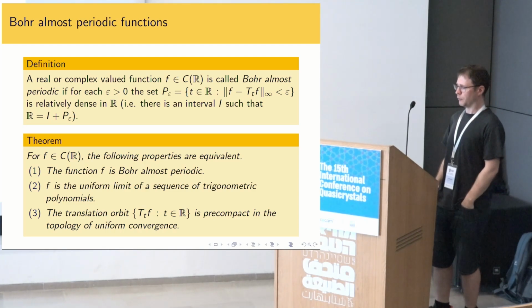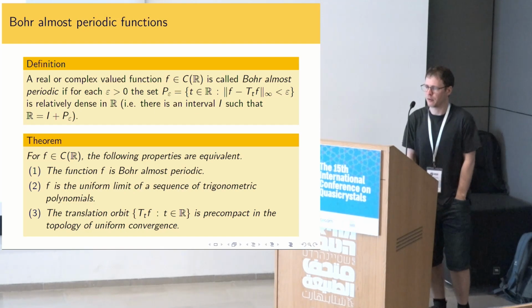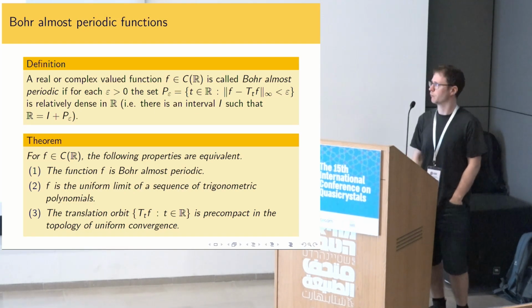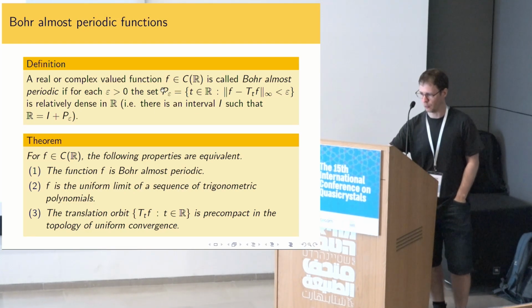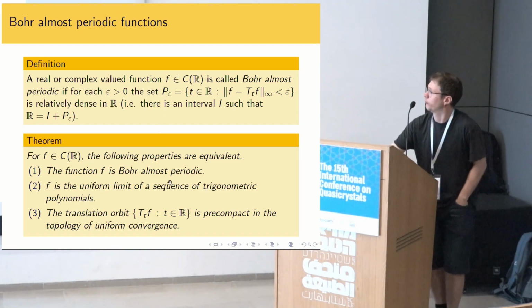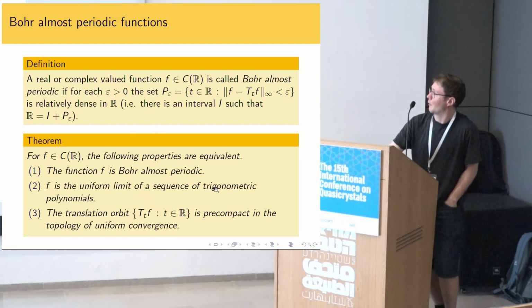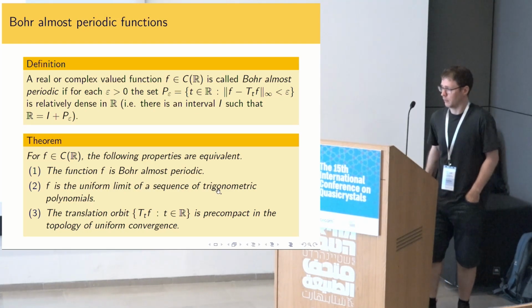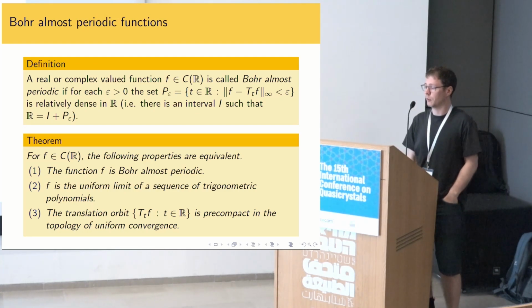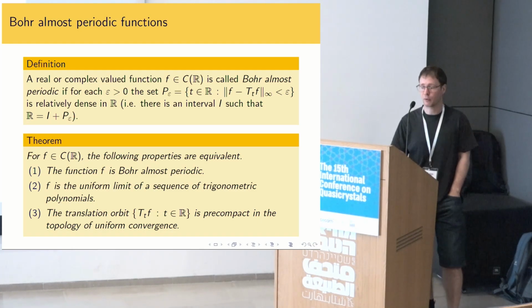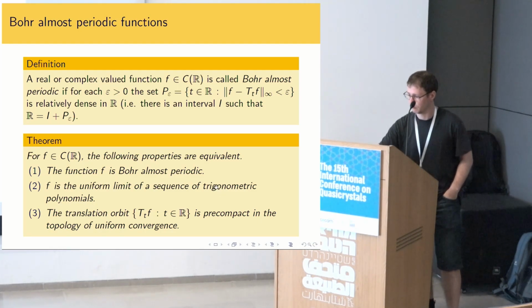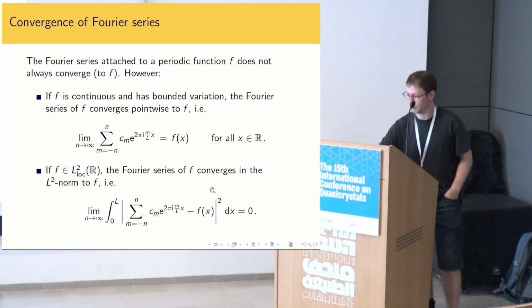Now, do these Bohr almost periodic functions have some nice properties? Well, we just saw that they can be described using these so-called epsilon periods, but they have other properties. For example, they can be written as a uniform limit of a sequence of trigonometric polynomials. So, what is a trigonometric polynomial?